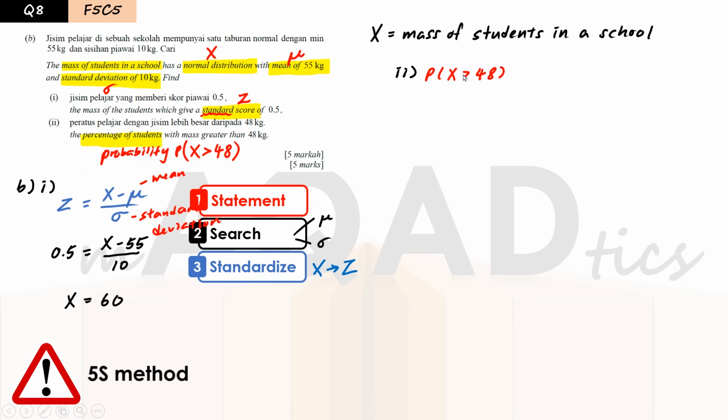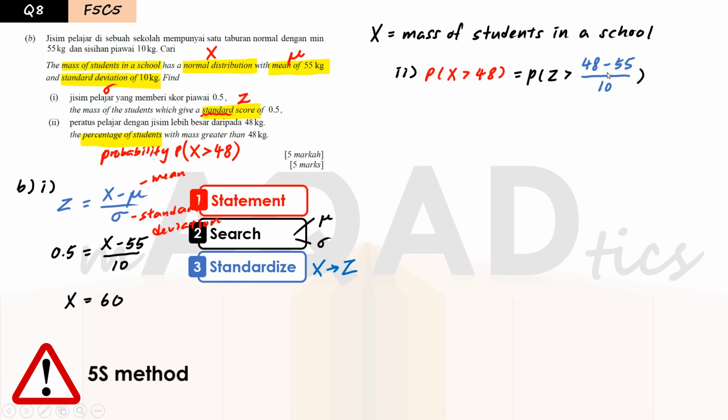So here, let us change our X to become Z using this formula. X now is 48, and we minus the mu, which is 55, our mean, and divide by the sigma, which is the standard deviation, 10.